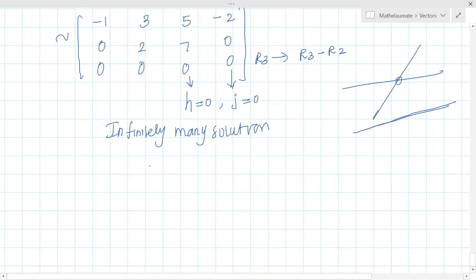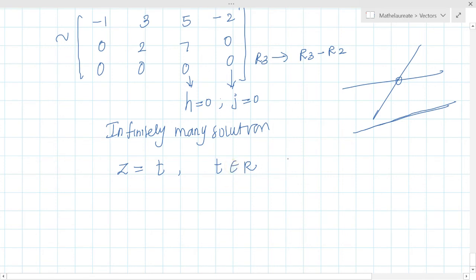You take the general solution for z as t, an arbitrary constant. t belongs to any real number. Okay, let us assume z equal to t. You can plug in t values 1, 2, 3 for any number. t belongs to real numbers, right?